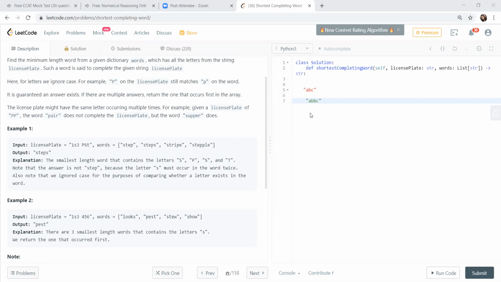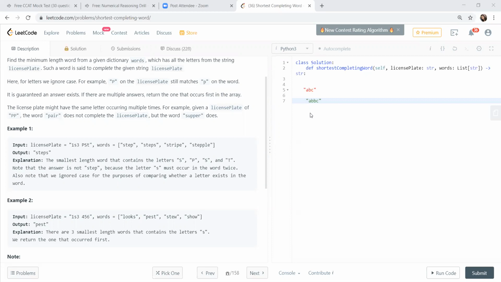calculate a similar array for each word, and then compare with the license plate array to make sure that for all the indexes, let's say the number of A's in any word should be greater than or equal to the number of A's in the license plate.